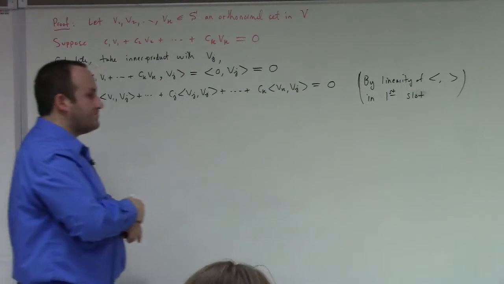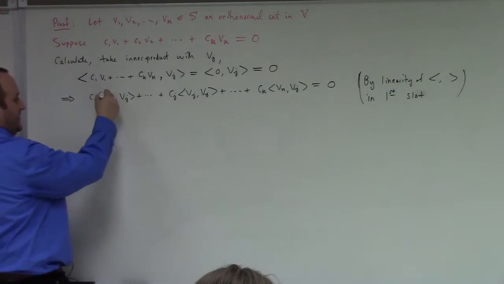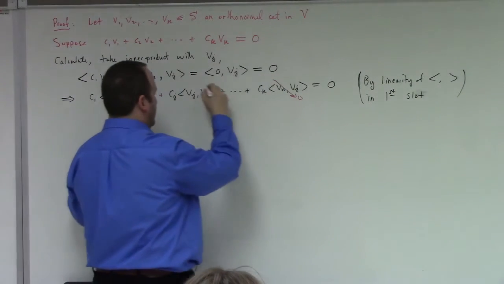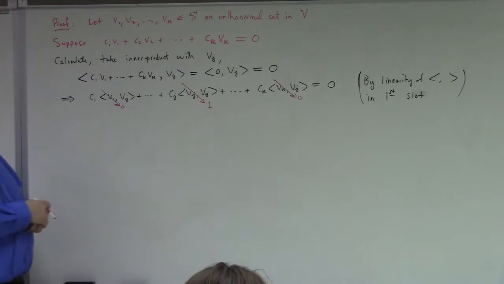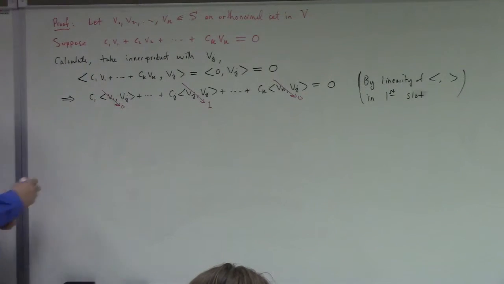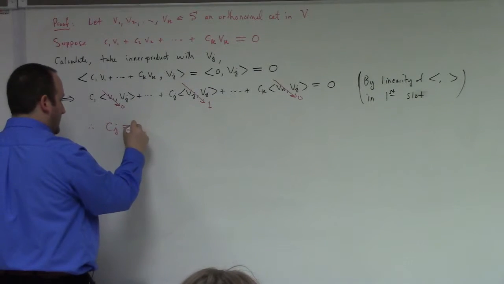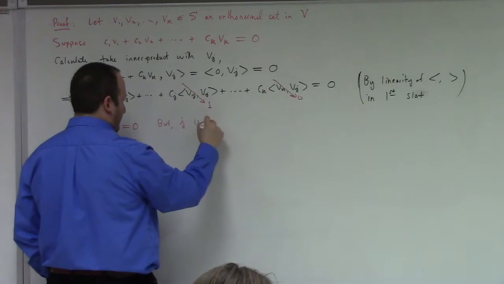You guys with me? Well, that's cool because all of those are 0 except for one, right? This is 0. This is 0. The only thing that's not 0 is this one, right? This is 1 by our supposed orthonormality. And therefore Cj is equal to 0, but j is arbitrary, right?